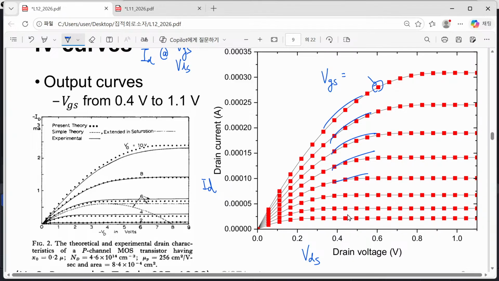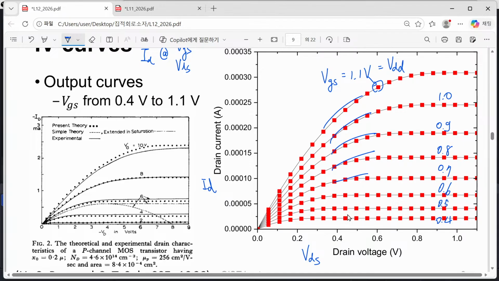For example, if I remember correctly, this is obtained from 1.1, which happens to be our VDD value, and I just lower the gate voltage by 0.1 volt. So simply this corresponds to 1.0, 0.9, 0.8, 0.7, 0.6, 0.5, 0.4.